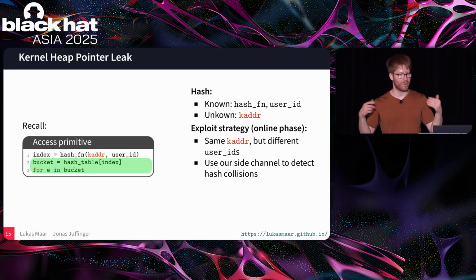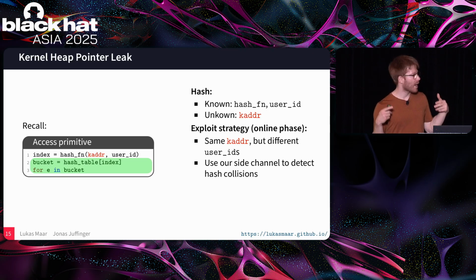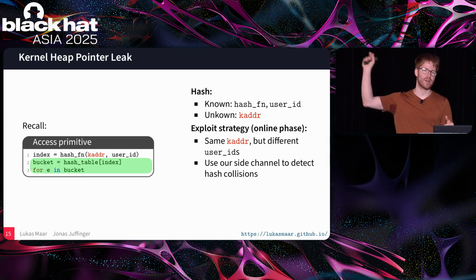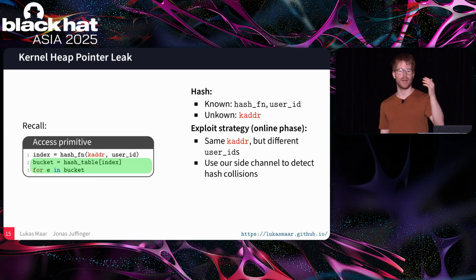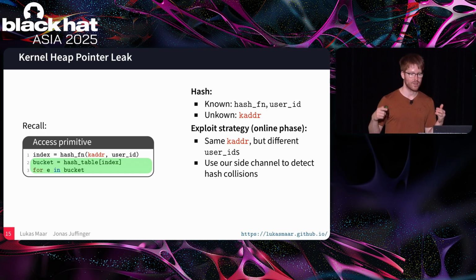Therefore, we perform our exploitation strategy in an online phase. It works as follows. We call the access primitive with different user identifiers, where these different user identifiers still use the same kernel address. And inherent to the principle of the hash table, different user identifiers and the same kernel address will result in obtaining the same index for the hash indexing. So they will result in hash collisions.